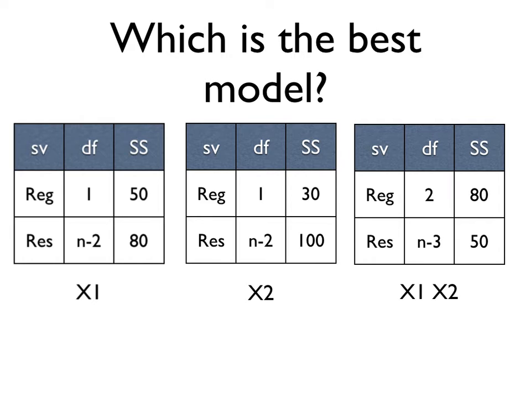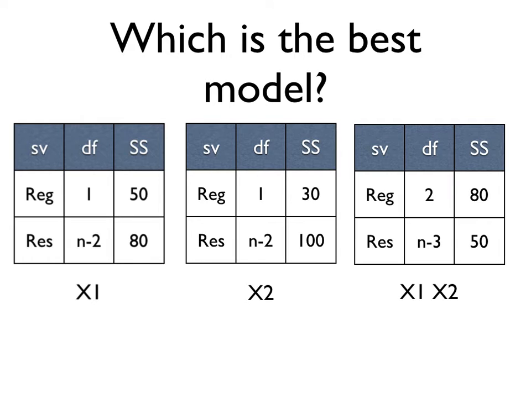But all that this is telling you is, if it's 50 out of 130 and 30 out of 130, that there's more overlap between X1 and Y than there is between X2 and Y. Okay, so it's kind of like a percentage? It's exactly a percentage. Not just kind of like, it's exactly a percentage. In fact, that's what R-square is. Well, it's a proportion.